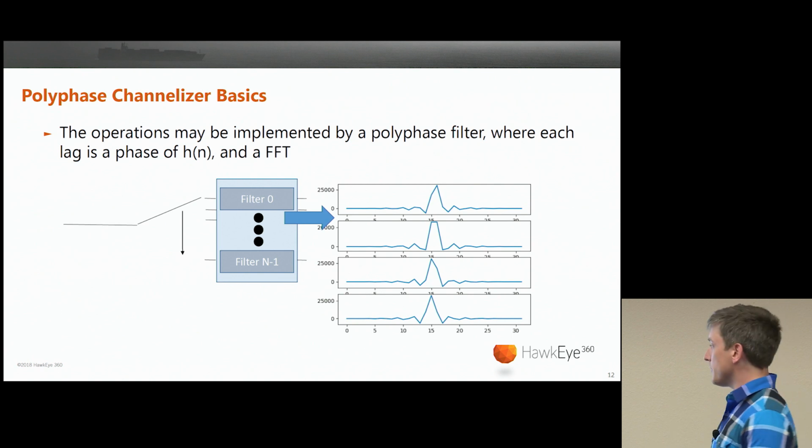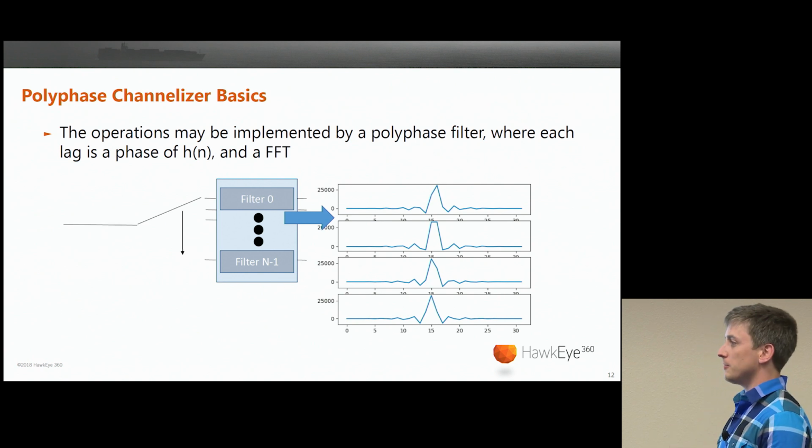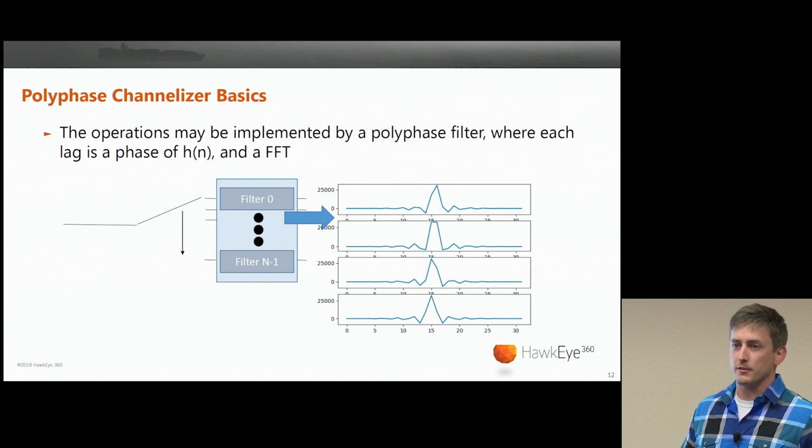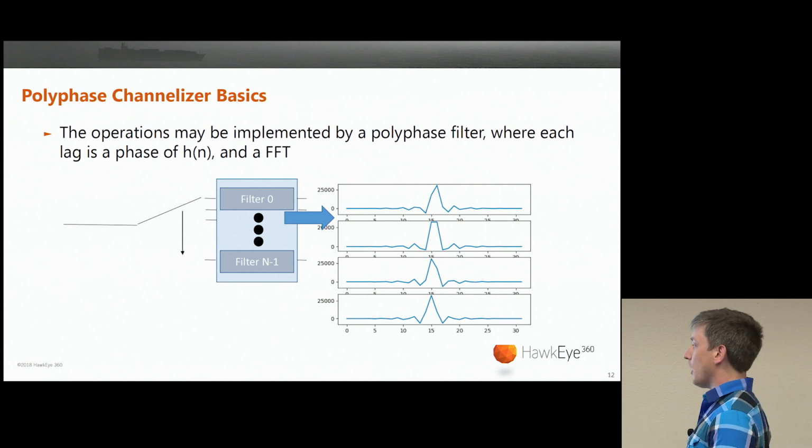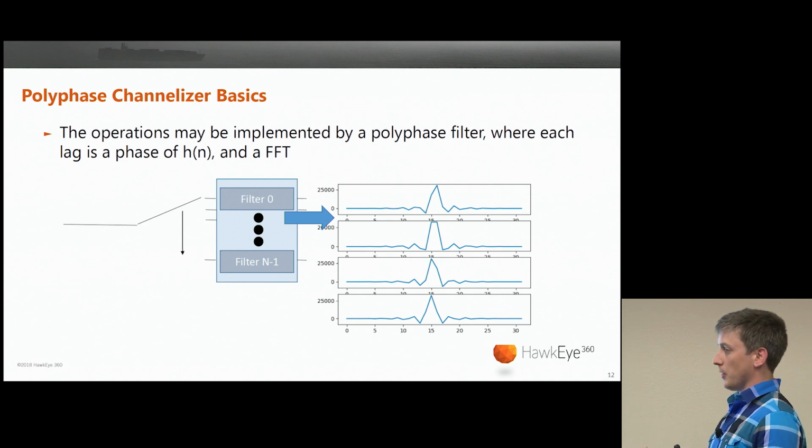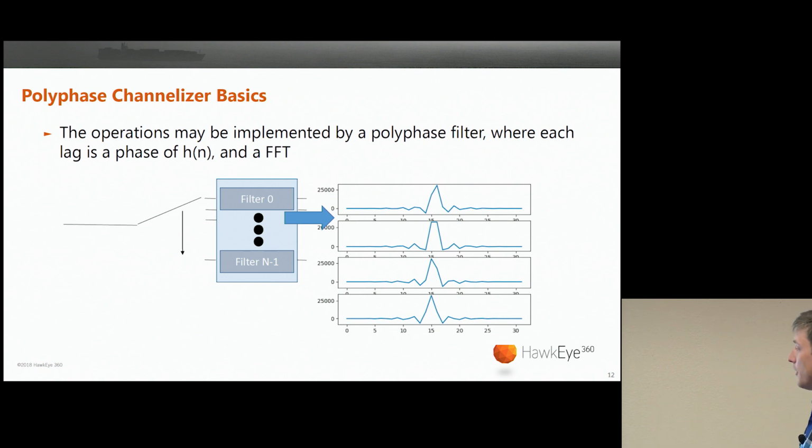If you look at the information that's in that, it's still the same function. It's just sampled at a phase, one sample offset. So that becomes your phase of the polyphase filter. And you go up, and now your samples are equally spaced around the peak. And then you go up again, and you're another sample offset. So these are your four phases that we refer to when it's polyphase.